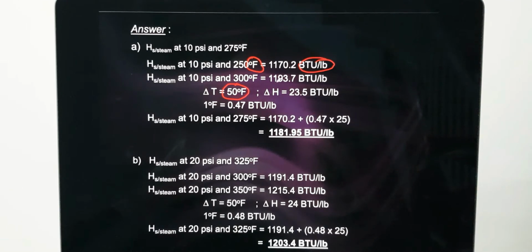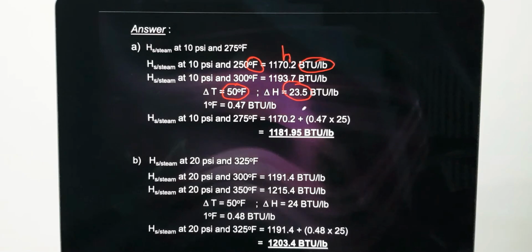Then 1193.7 minus 1170.2, you are supposed to get an enthalpy difference of 23.5. This area is meant for enthalpy H. Then for every 1 degree Fahrenheit increment, what will be the enthalpy?